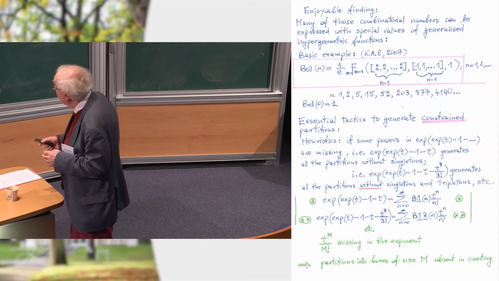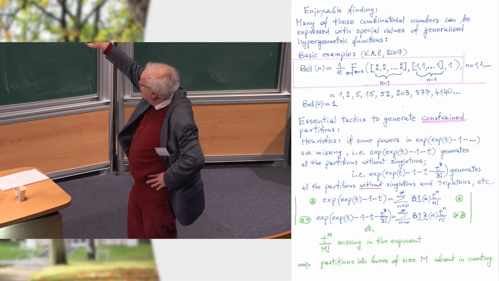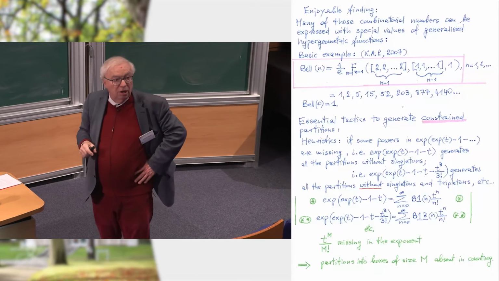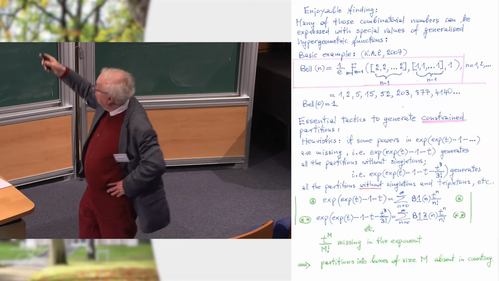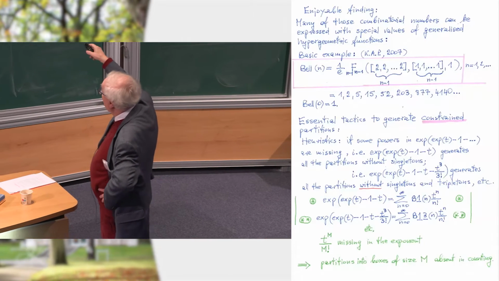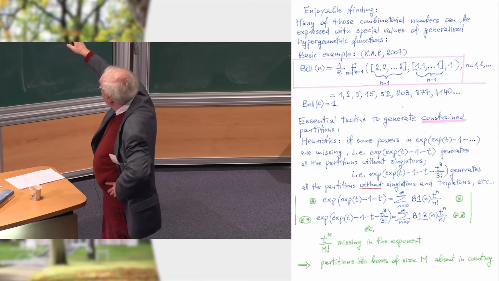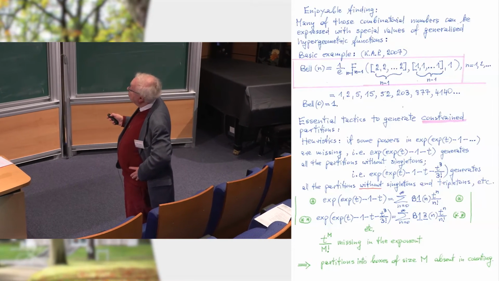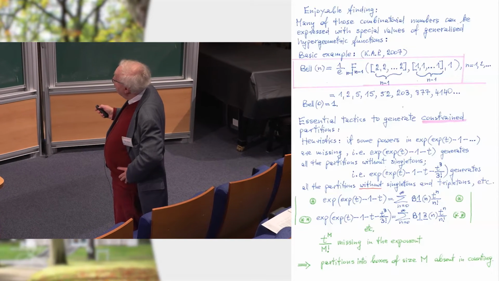You simply subtract the power t to the power 1 from your generating series. When you subtract that, you expand the whole thing, and then you get numbers which are here in green. So if you remove singletons from your formula, you just remove the power t.